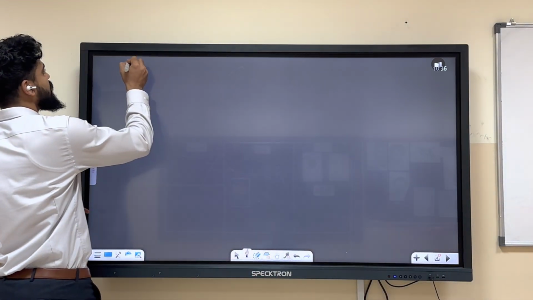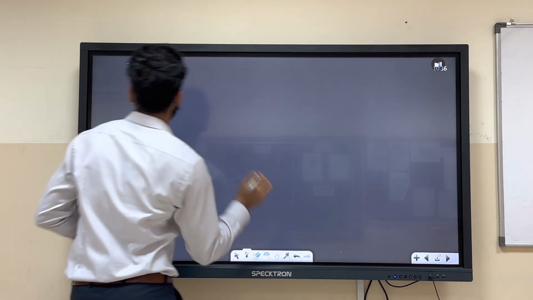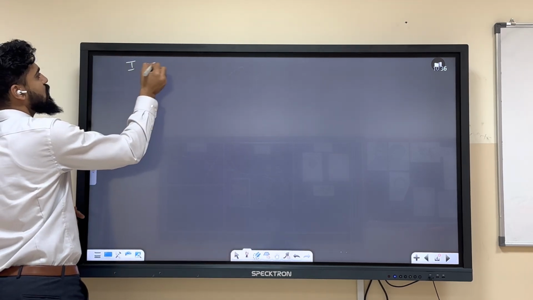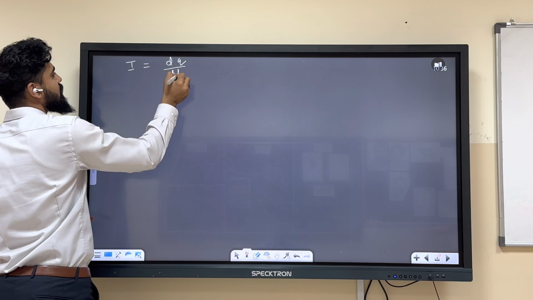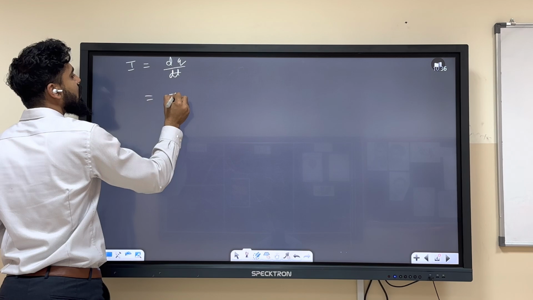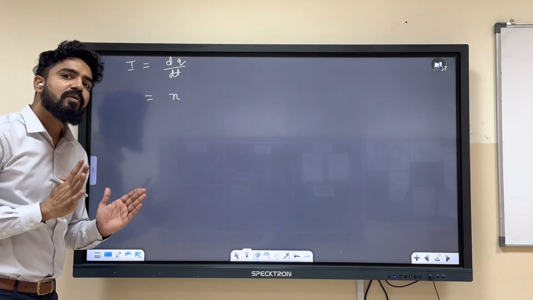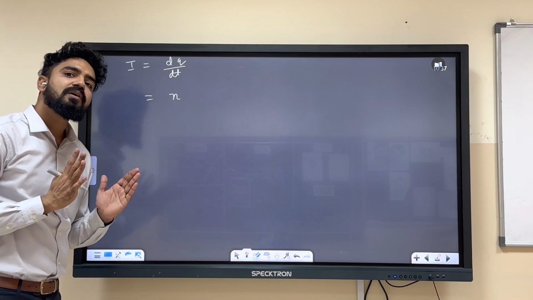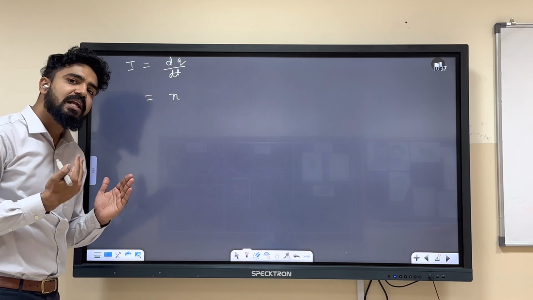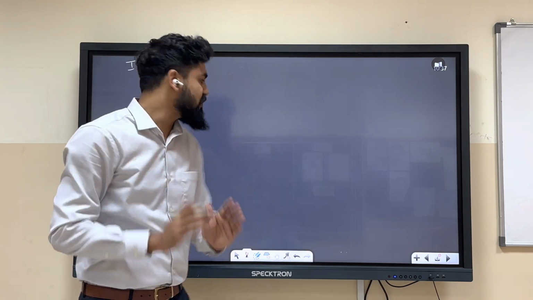So I equals dq by dt. अरे ऐसा भी बोल सकते हैं कि dq is the charge that is crossing cross section 1 in dt time, which is nothing but the number of charges that is there between cross section 1 and 2. देख अच्छे से.